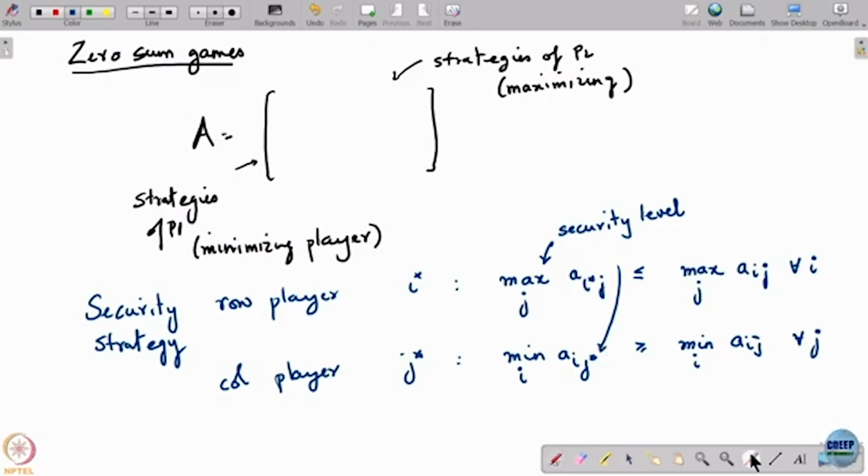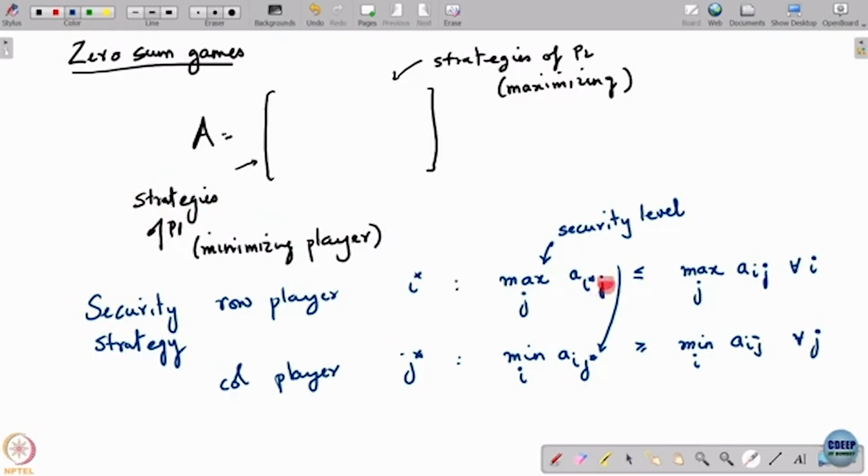The reason for that was that the worst case payoff he would get would be if the column player played the j that maximized a i star j. But if the column player played any other j, then the row player would always be better off, because the row player is looking for the least possible value in the matrix.